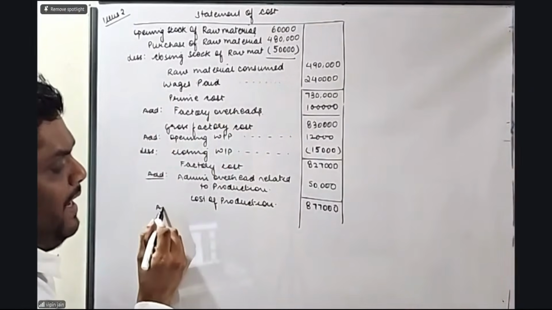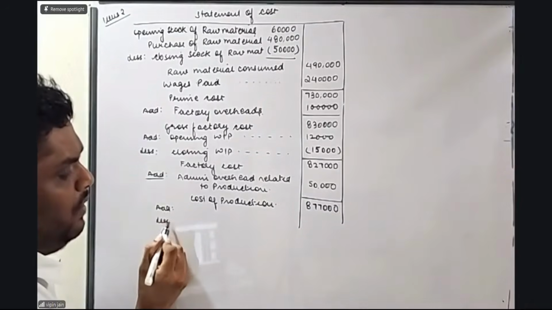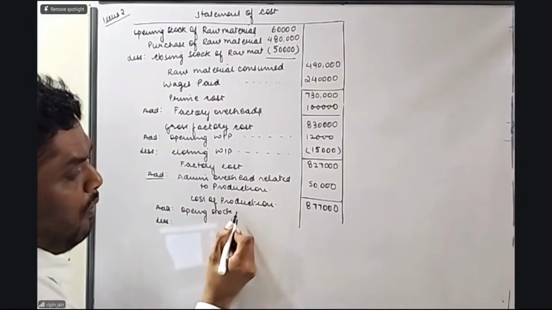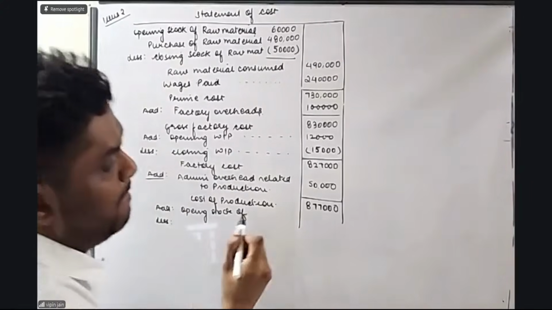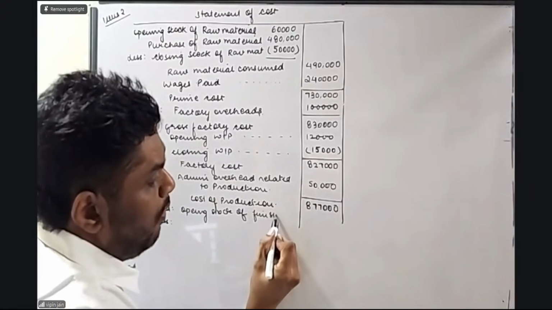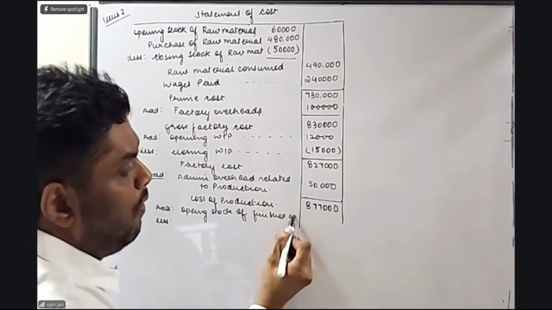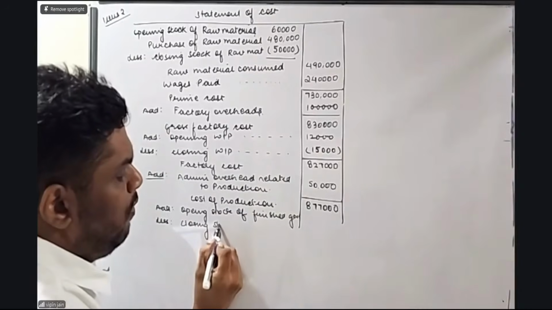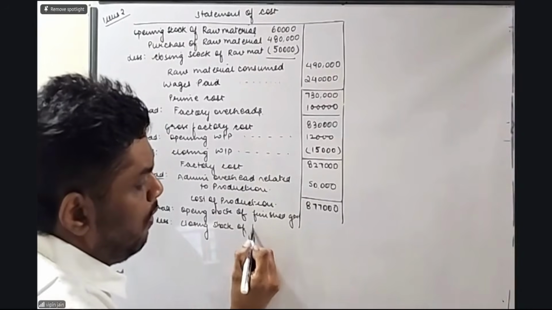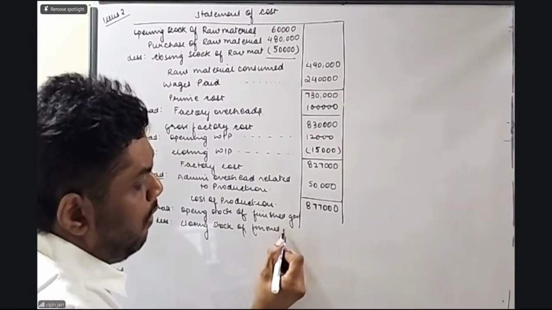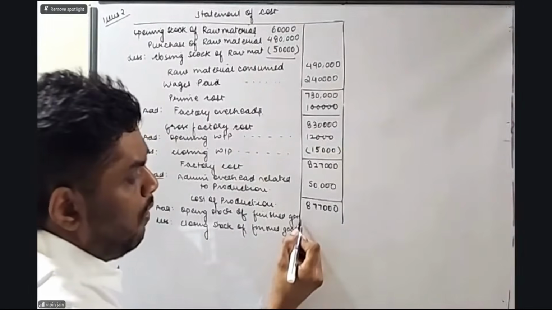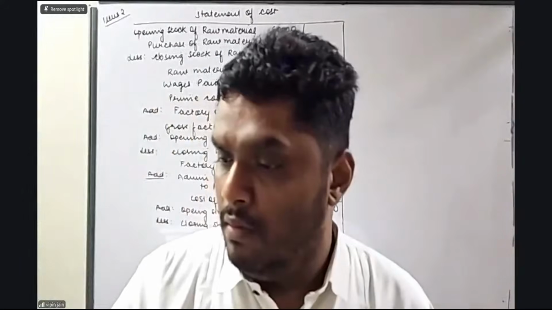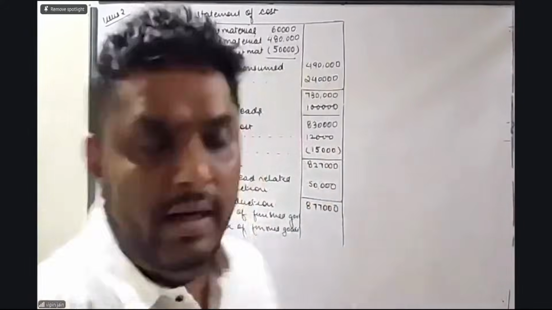In this, we will make adjustments of opening and closing stock of finished goods, 90,000 and 1,10,000.